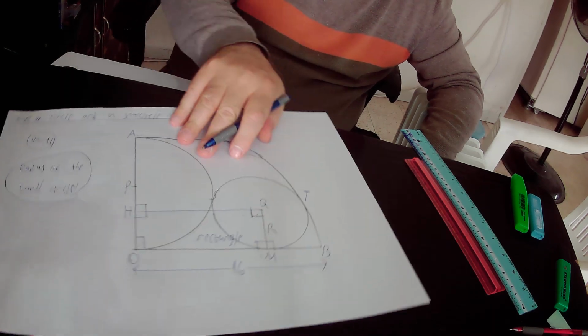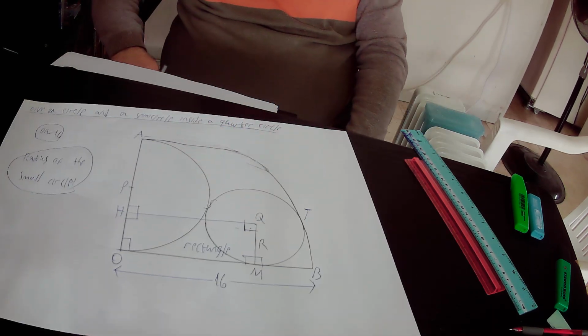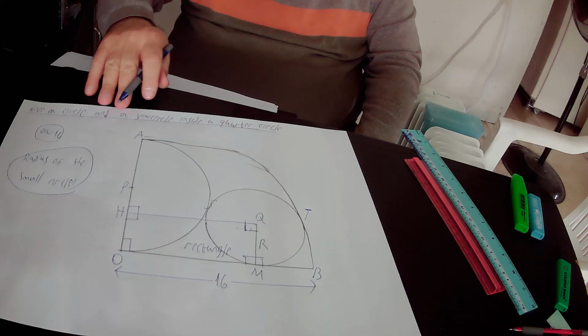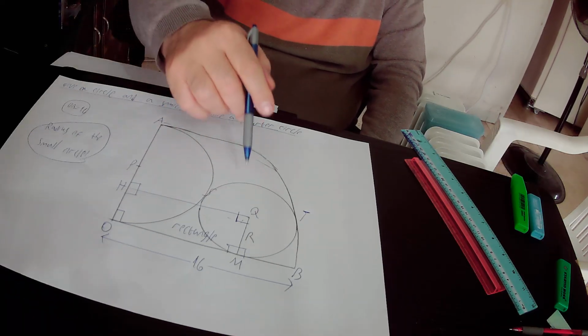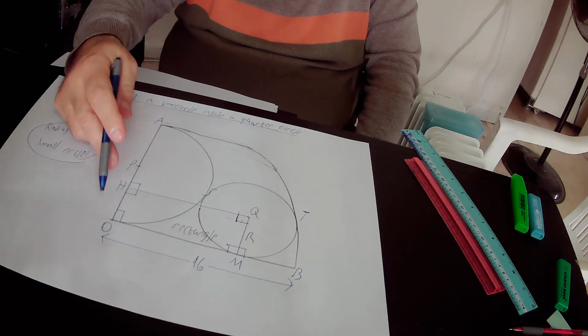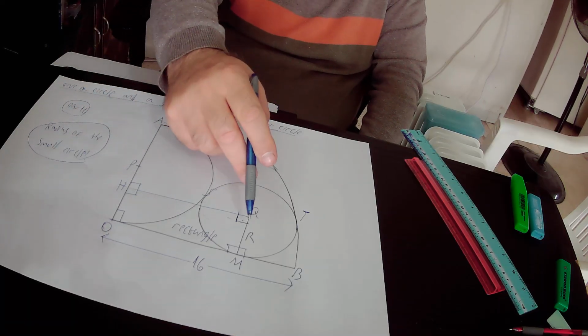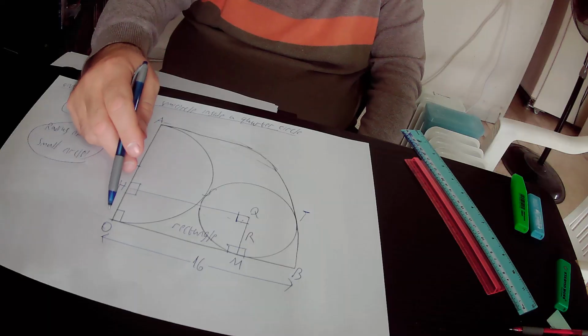But we also know that the opposite sides of a rectangle are equal to each other. So in rectangle HQMO, side QM must be equal to the opposite side HO. But QM equals R, therefore HO must also be equal to R.